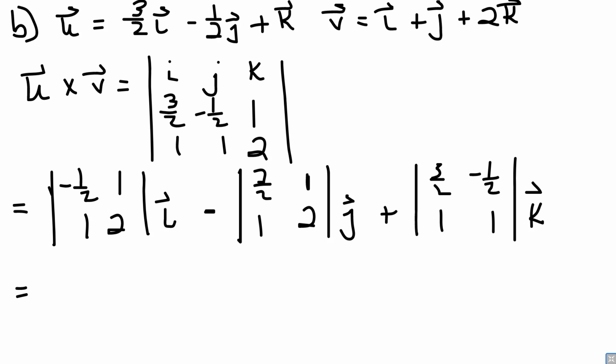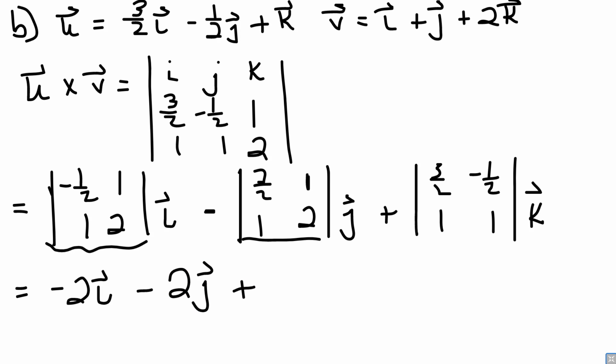Okay, so when you evaluate it, what did you get for the first value here? -2? Yes. So negative 2 in the i direction, minus. What did you get for the second one? 2j. 2 in the j direction, plus, and then for the last one, you got what? 2 as well.